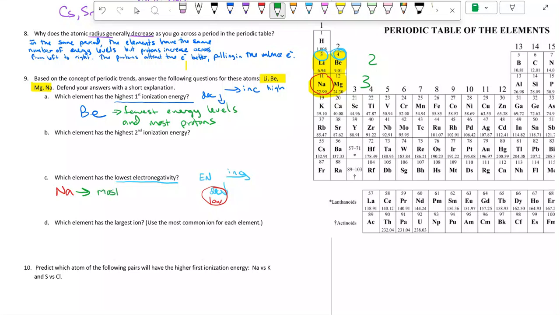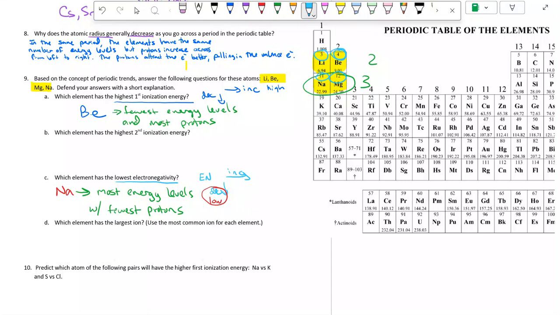It has the most energy levels with the fewest protons. Not the fewest protons overall, but out of the 2 that have the most energy levels. So energy level 3 is going to be less attractive to the shared electrons than energy level 2. Out of level 3, 11 is less than 12, so it has fewer protons attracting things. Okay, so that would be Na.